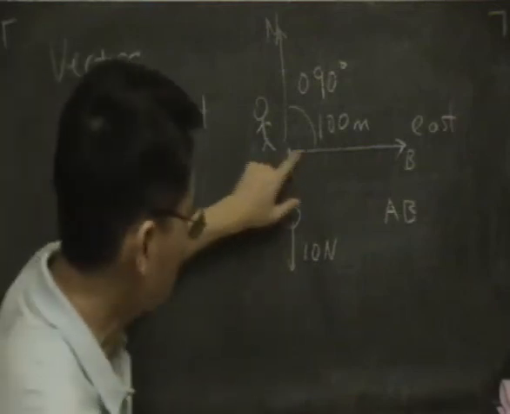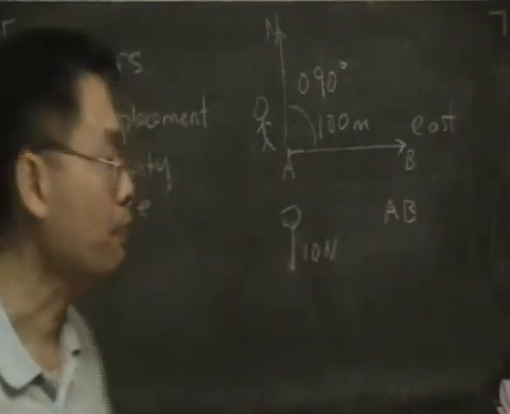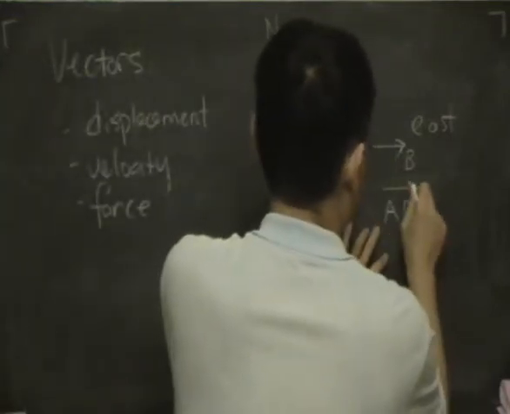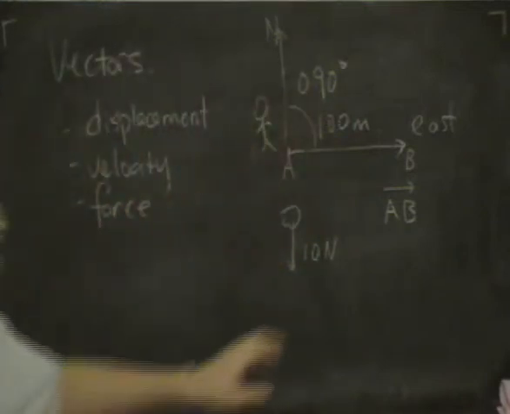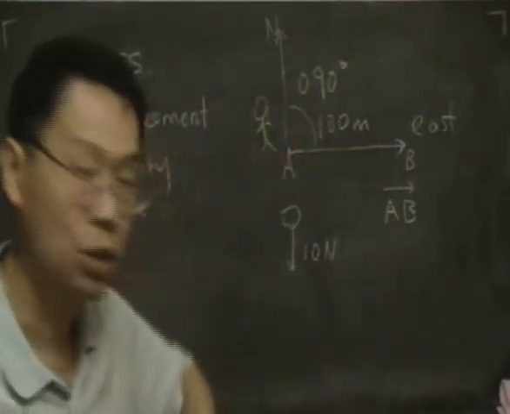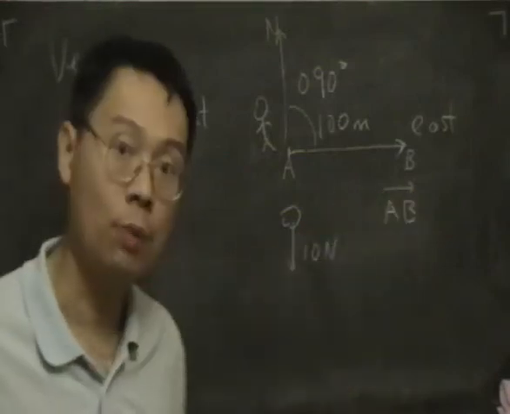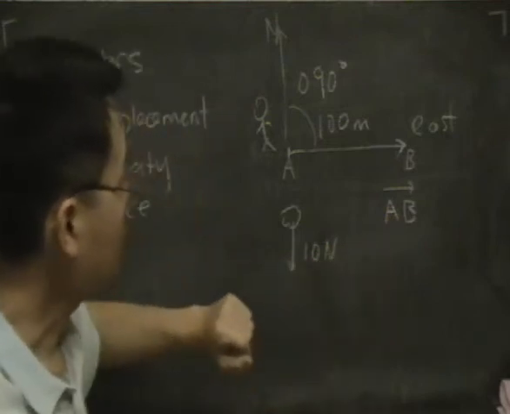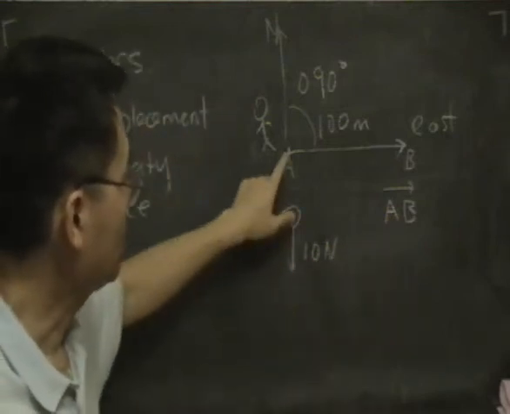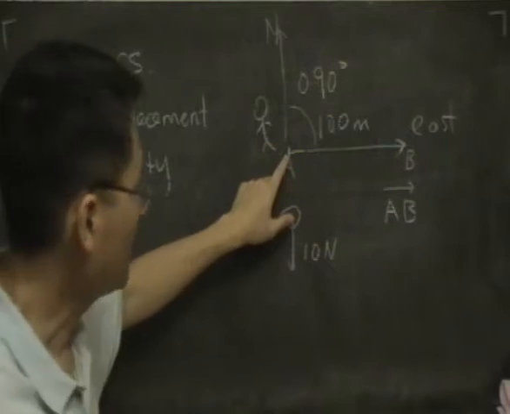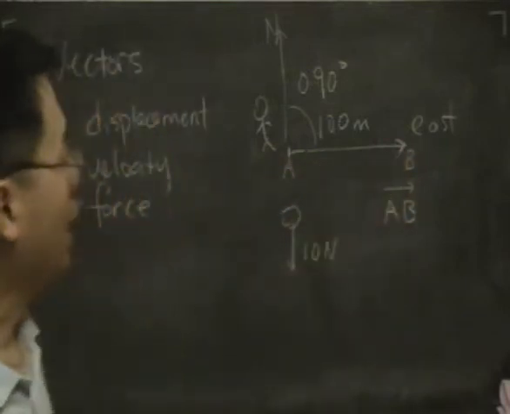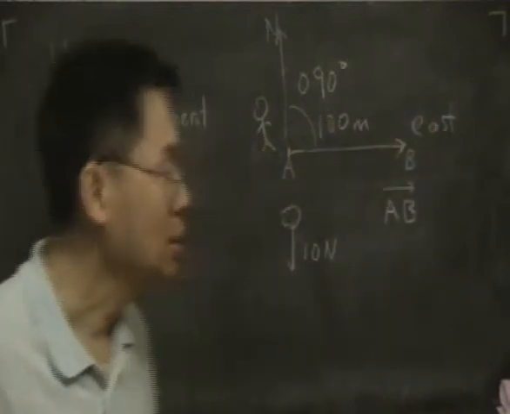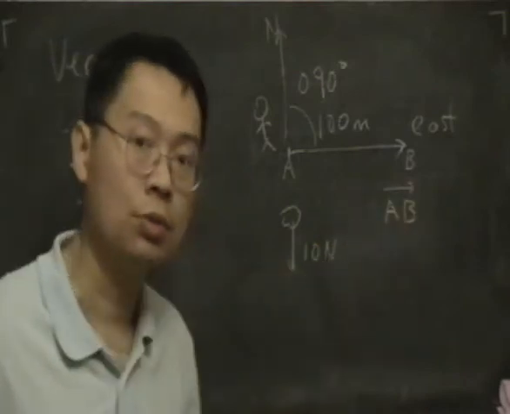Now, but because this line has a direction, the way to show that is to draw a little arrow on top of AB. So if you see this notation AB with an arrow on top, what it means is that it is a vector whose magnitude is the distance from A to B, and the direction is pointing from A to B. So that's what this notation would mean.